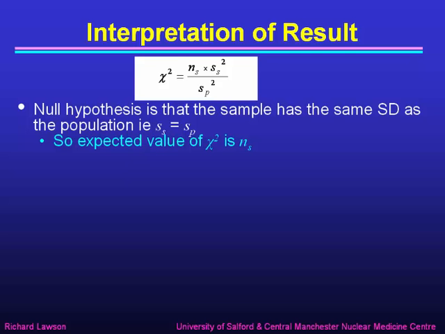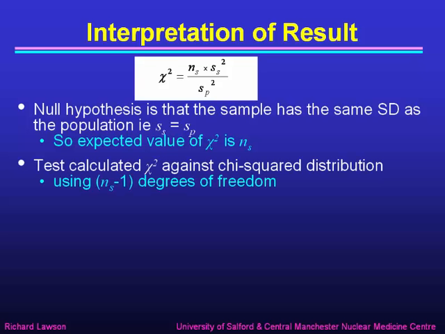So in this equation for chi-squared, SS and SP would cancel out, and we'd have chi-squared equals NS. So the expected value of chi-squared, if the null hypothesis is true, is roughly NS. So we can calculate chi-squared and test it against the chi-squared distribution to see whether it's equal to NS.